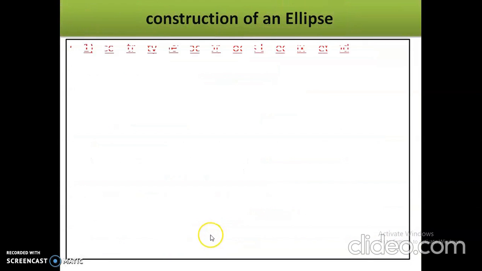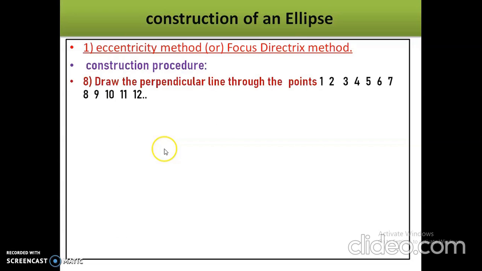And the eighth point: draw the perpendicular lines through the points 1, 2, 3, 4, 5, 6, 7, 8, 9, 10, 11, 12.